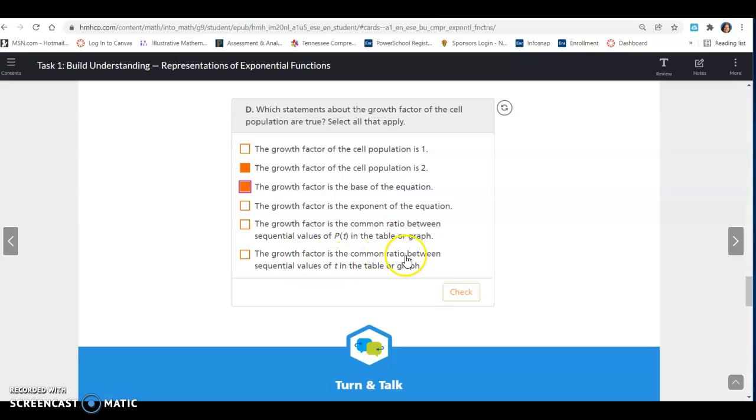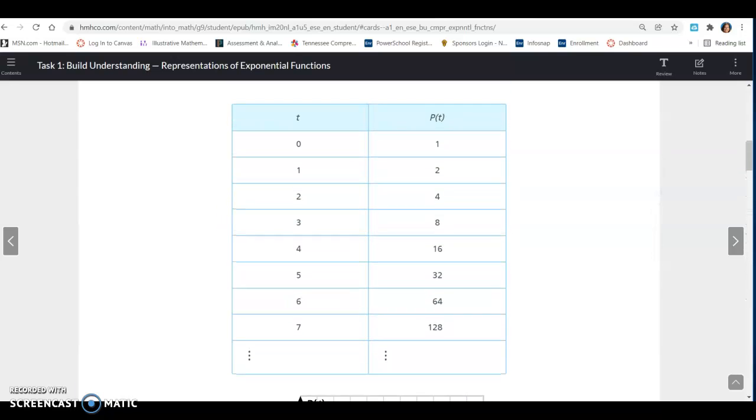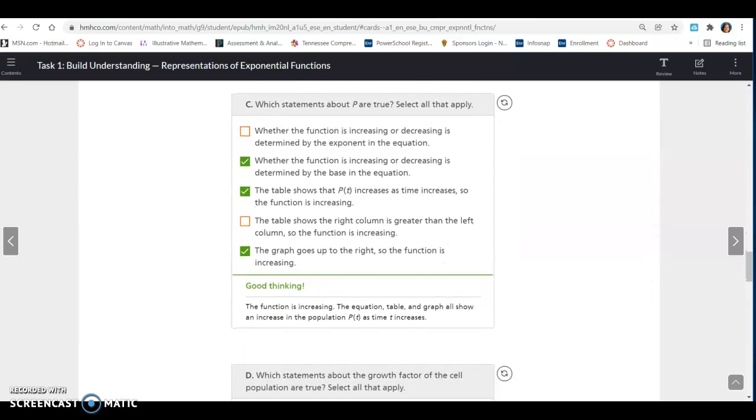All right, so it is the growth factor of P of t. So if you look above, you'll see that the growth factor is affecting this. It's going 2, 4, 8. The growth factor is affecting the P of t, or your y value.